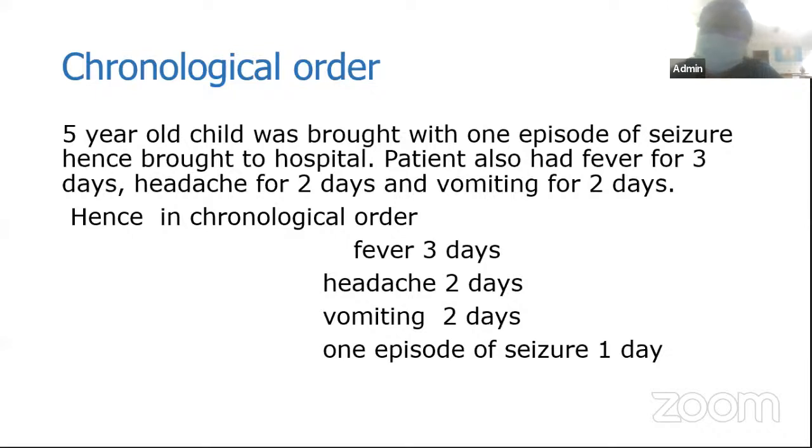But on asking, the patient may tell he had fever for 3 days, headache for 2 days, vomiting for 2 days. So in chronological order, you write: the patient presented with fever for 3 days, headache for 2 days, vomiting for 2 days, and one episode of seizure 1 day back. You have to get a timeline of what is happening to the patient. It's the chronological order.